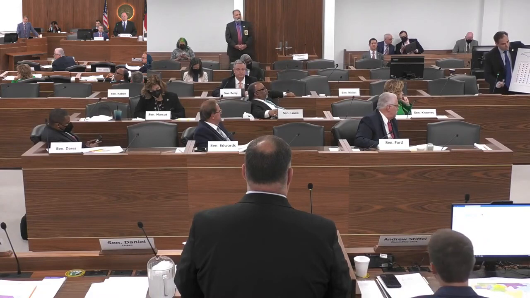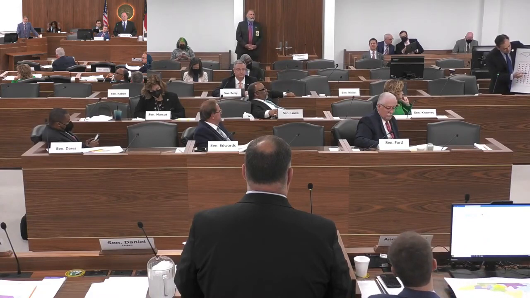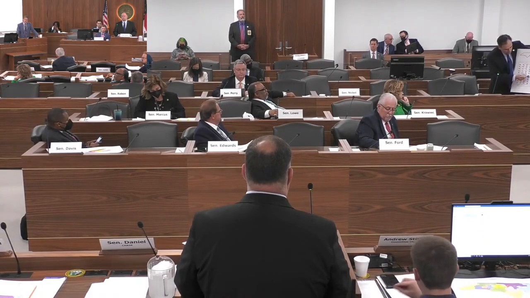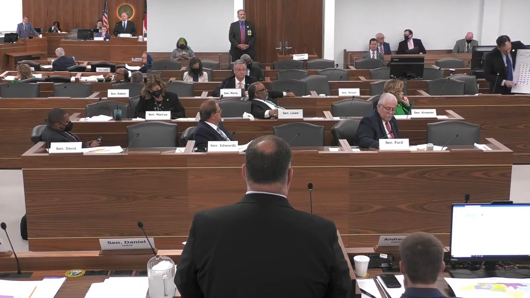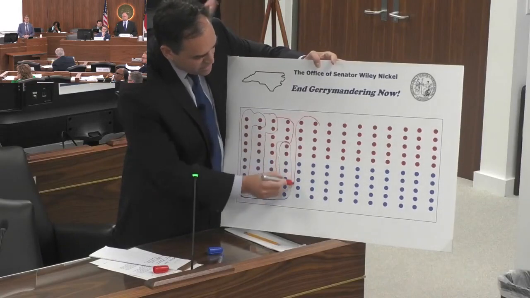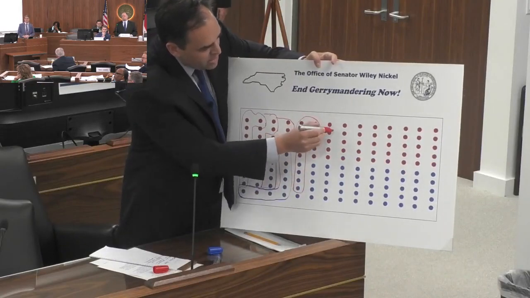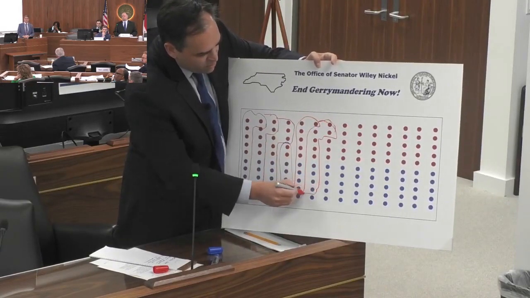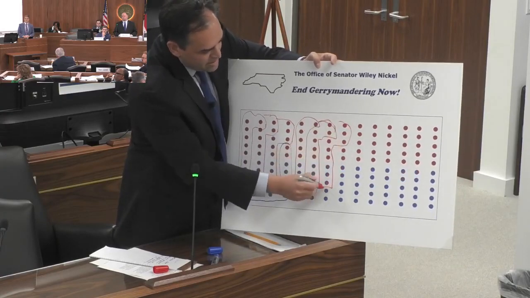So 60% Republican, and then we've got some Democrats left. So we do another one here, 80% Democrat, 20% Republican. Same pattern again, 6 and 4, 60-40, again, 60-40, again, 60-40.